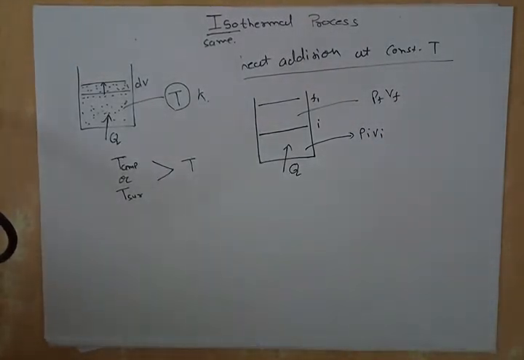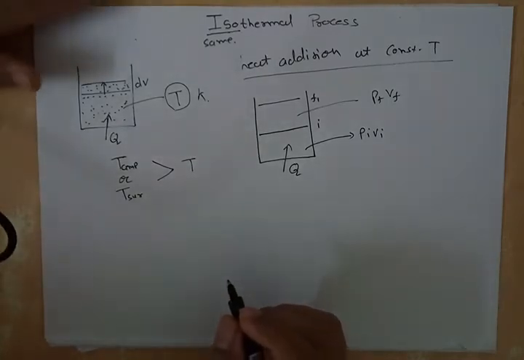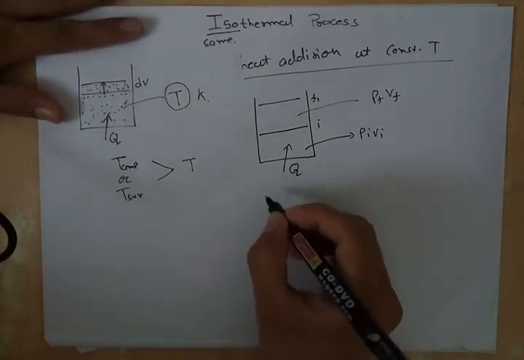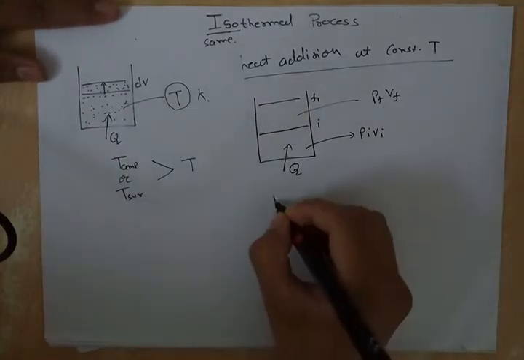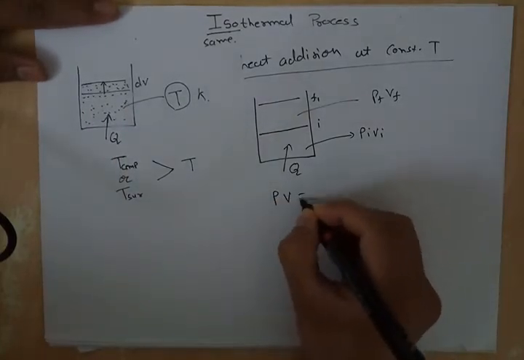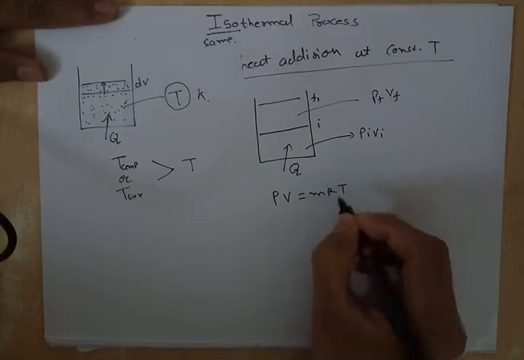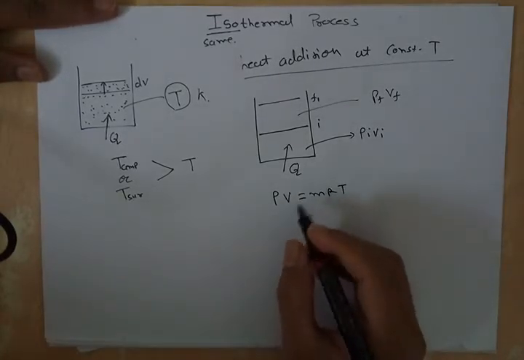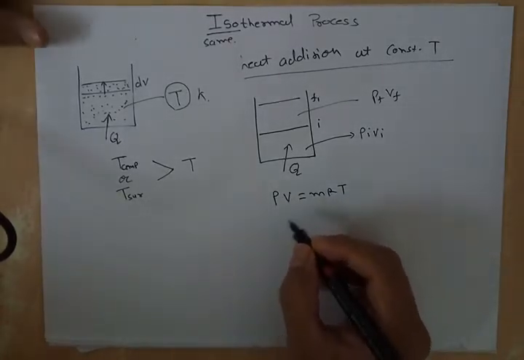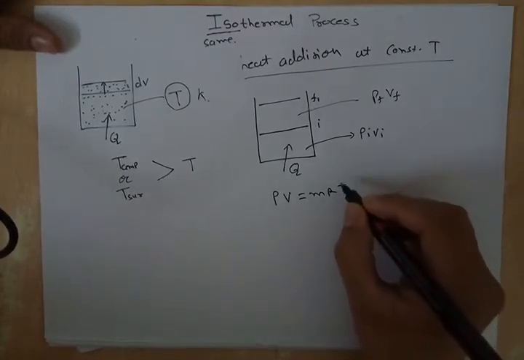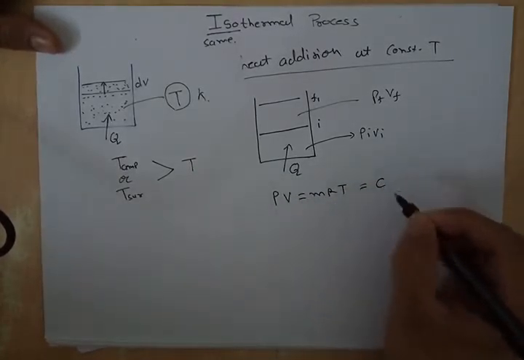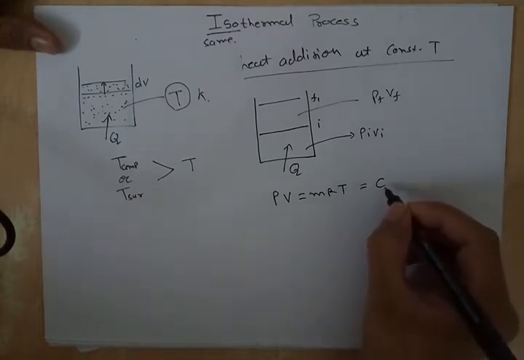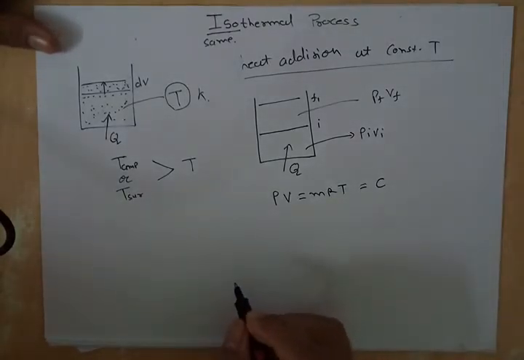Now we will draw this process in a PV diagram. So as this is our ideal gas, we can use our ideal gas equation, PV is equal to mRT for our system. So as temperature T is constant throughout the process, we can say that PV is equal to constant. Let us say C is our constant.